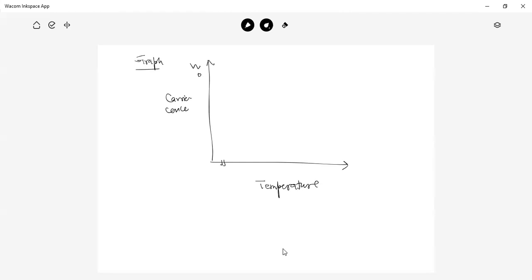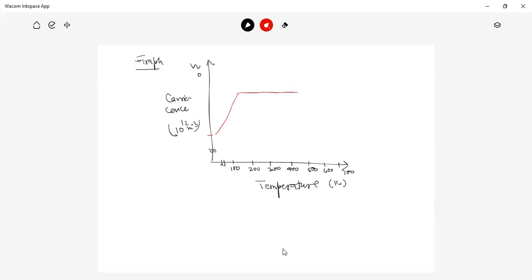If we take this gap for the scale, this is 100, 200, 300, 400, 500, 600, 700 Kelvin, and these are the concentrations per meter cube. So the graph is something this way.